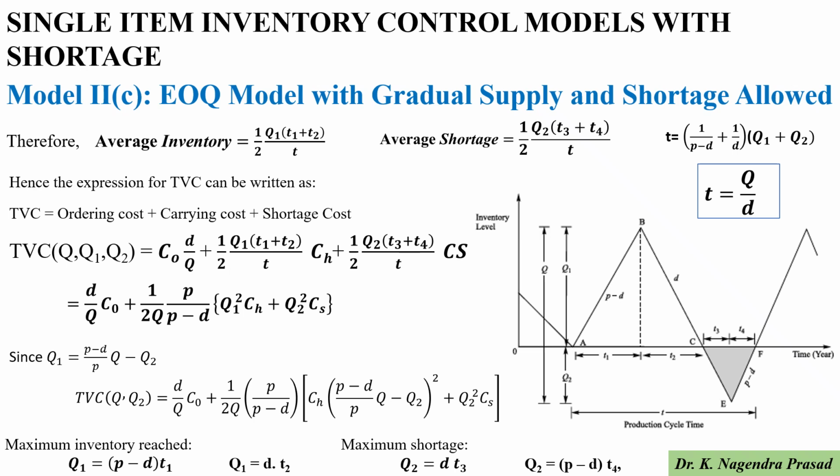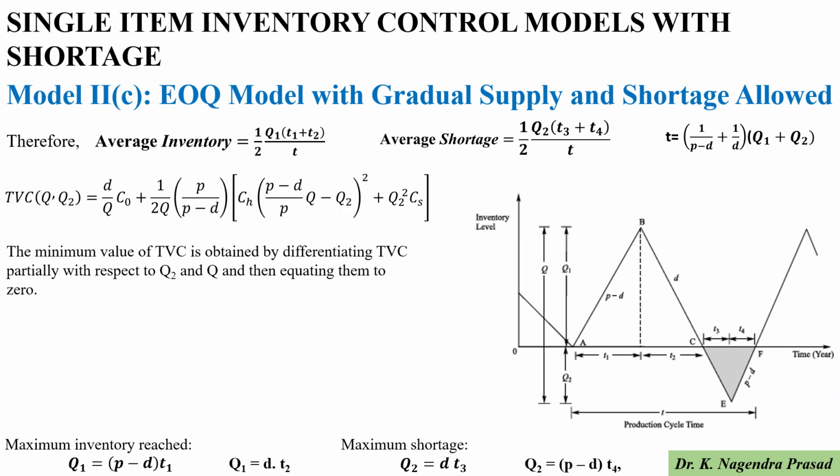Then substituting, we get the total variable cost in terms of Q and Q2: D by Q C0 plus 1 by 2Q into P by (P minus D) into [CH into ((P minus D) by P into Q minus Q2) whole square plus Q2 square CS].